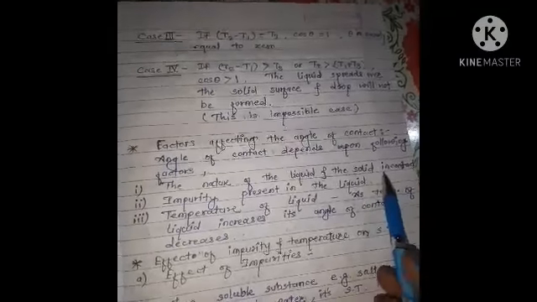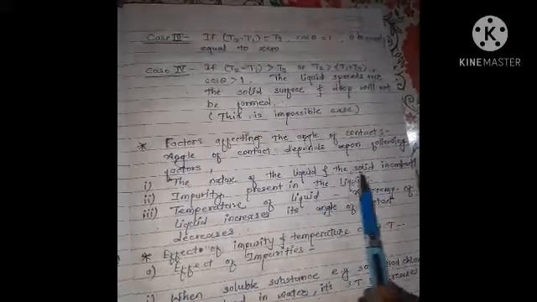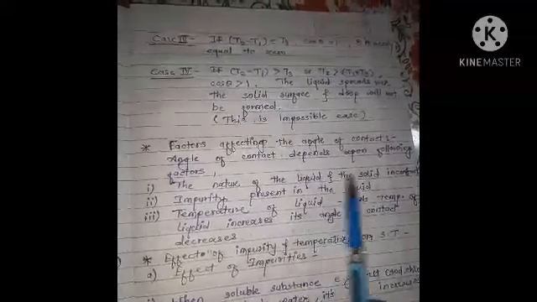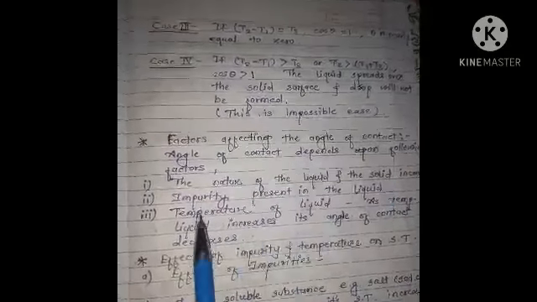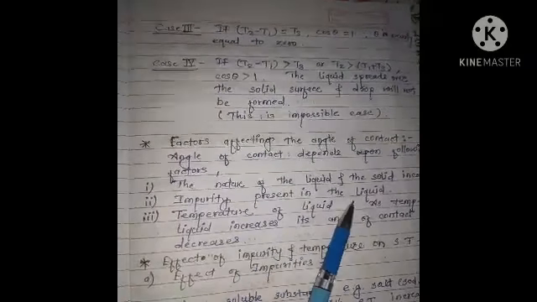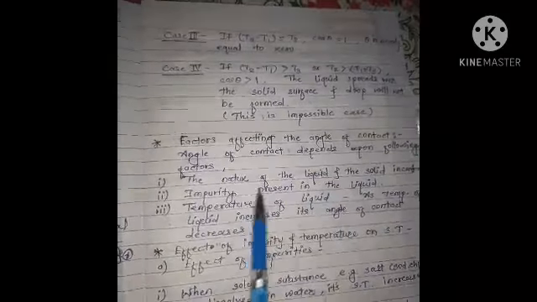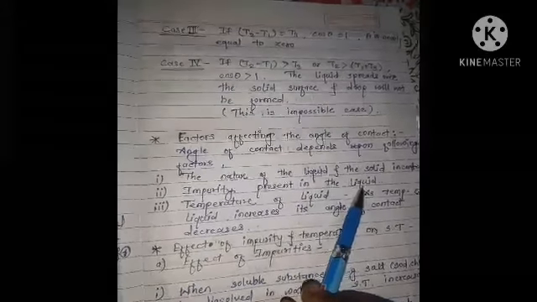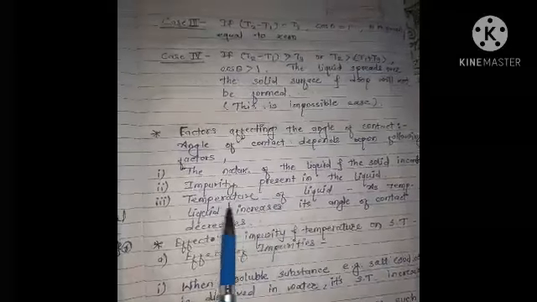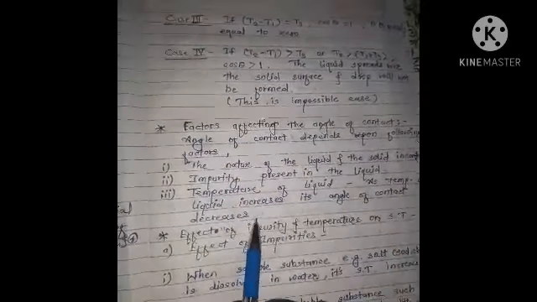You may change the solid also. The angle of contact is different for different pairs of liquid and solid. The angle of contact also depends on impurity present in the liquid, or we can say it depends on the purity of the liquid. And it also depends on the temperature of the liquid. As the temperature of the liquid increases, the angle of contact decreases.